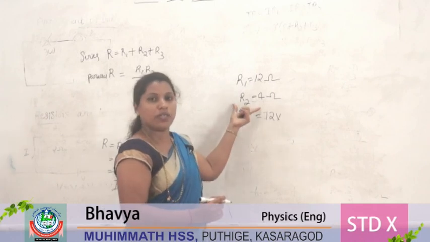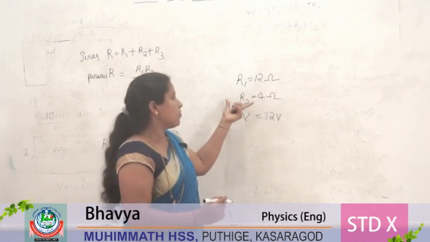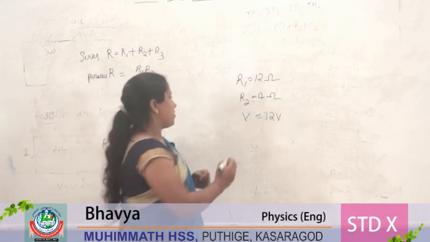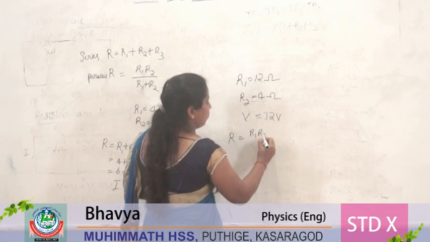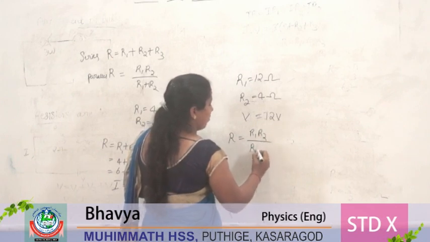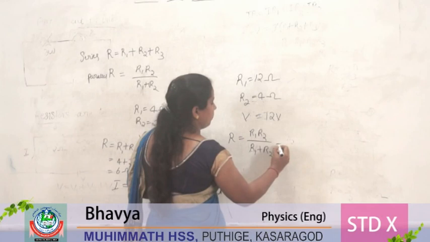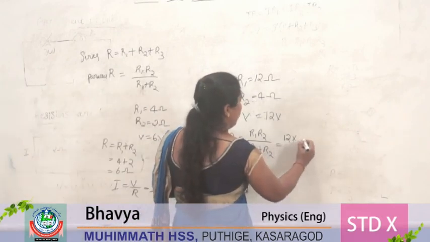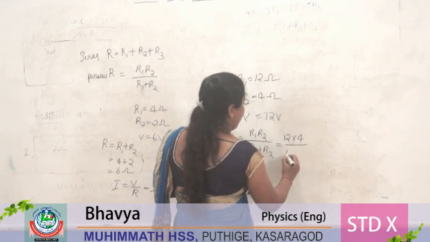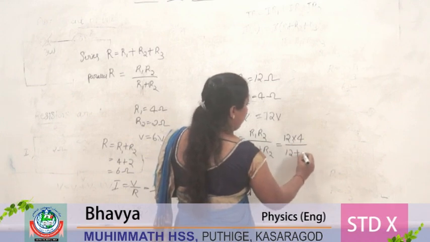So first you should calculate the effective resistance, no? Using which formula? R is equal to R1 into R2 divided by R1 plus R2. R1 how much is there? 12. 12 into 4 divided by 12 plus 4.